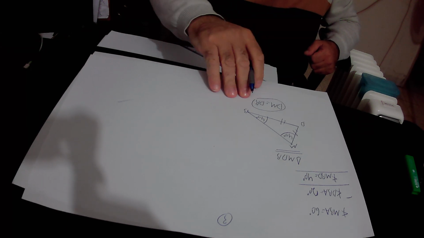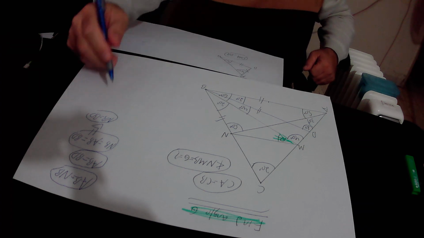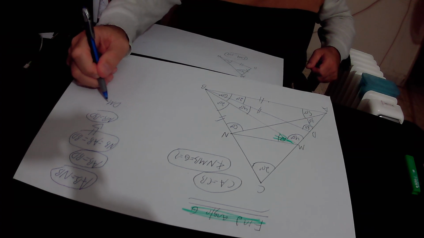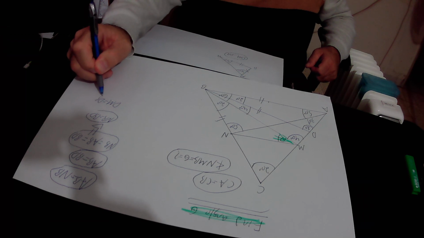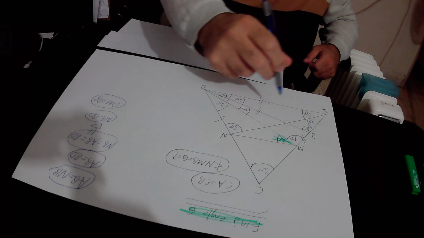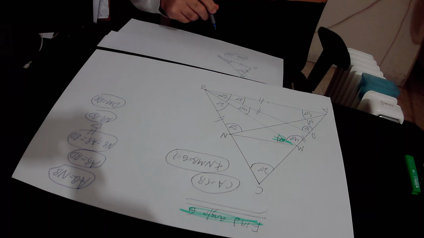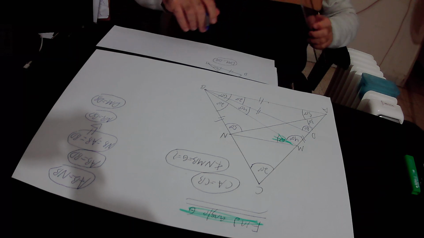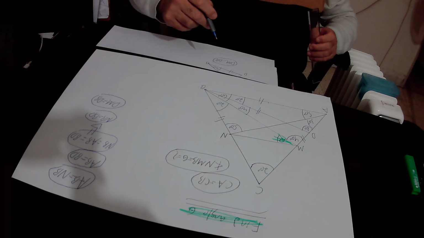Okay, so I write it down here. DM equals DB. And also, this is side DM is equal to side DB. Okay. In the next step, we join points D and N together with a straight line.